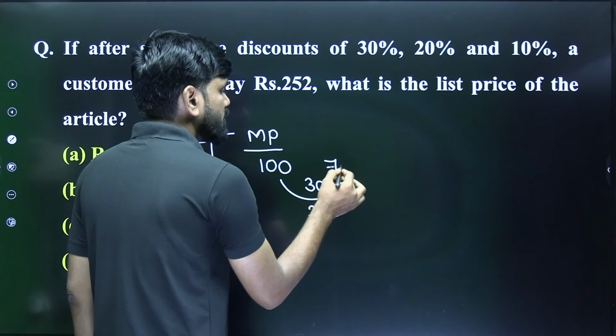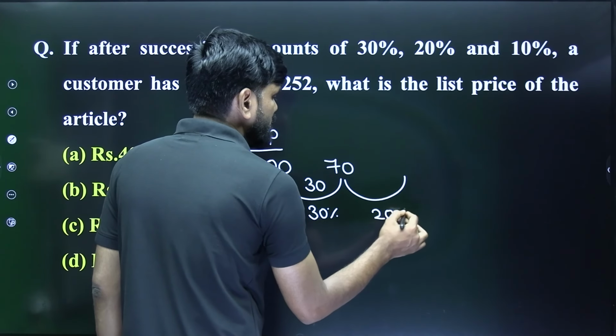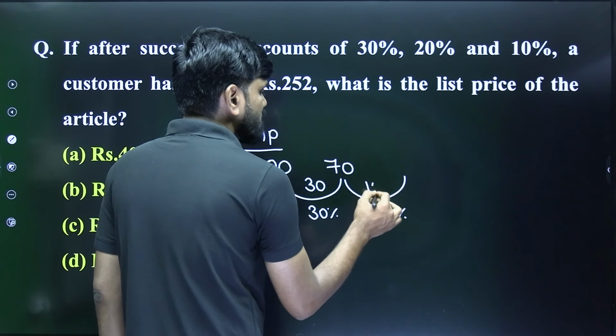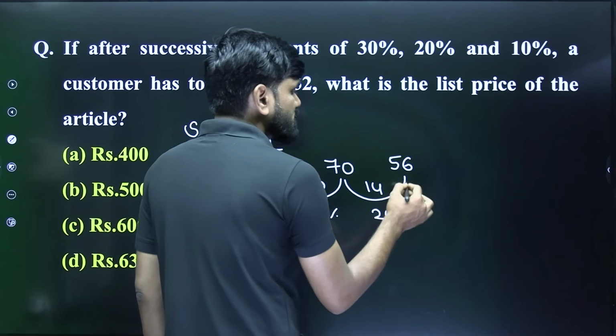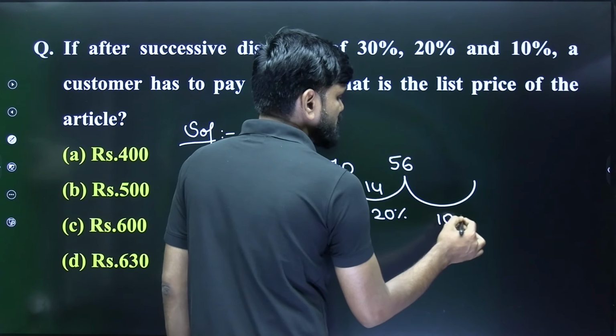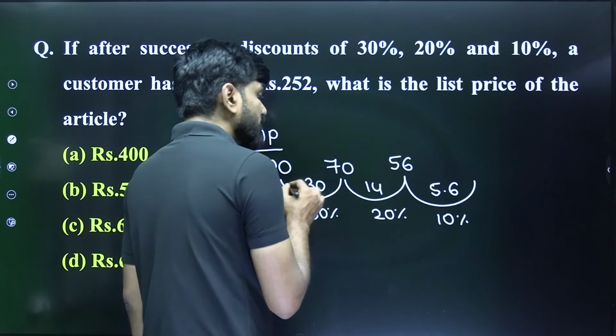So 70. Next 20% discount is taken on 70. That is 14. That will be 56. Next third 10% discount is given. That is 5.6.